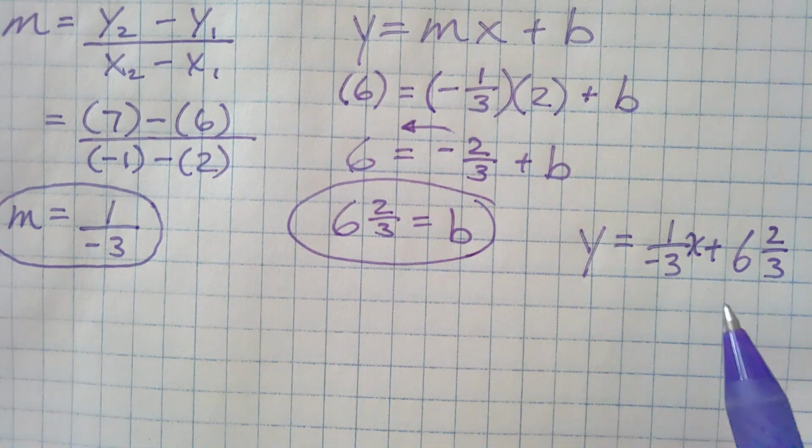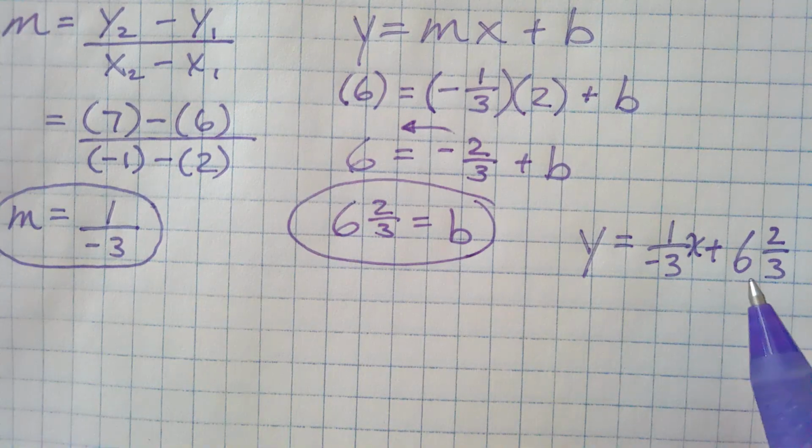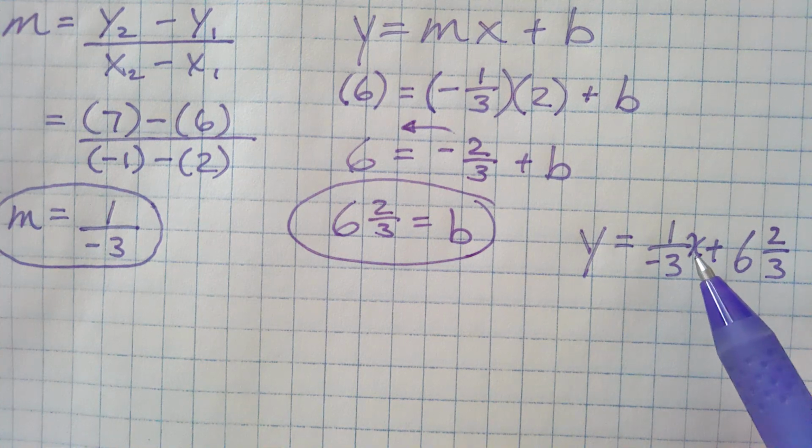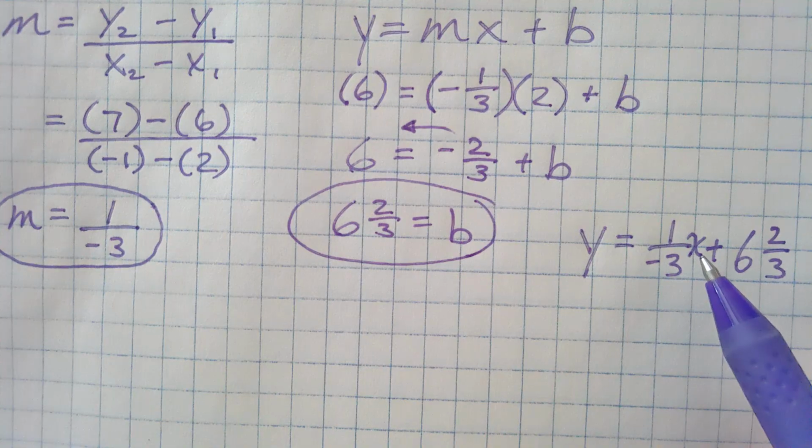If you don't write that x, it's just negative 1/3 plus 6 2/3. It's a number, right? So x. But trust me, William, you're not alone. I've marked, I would say, more than 25% of the people in the past have always left out the x.